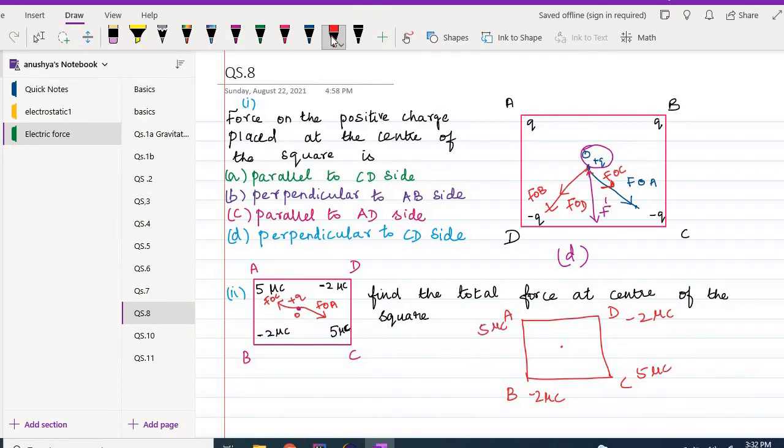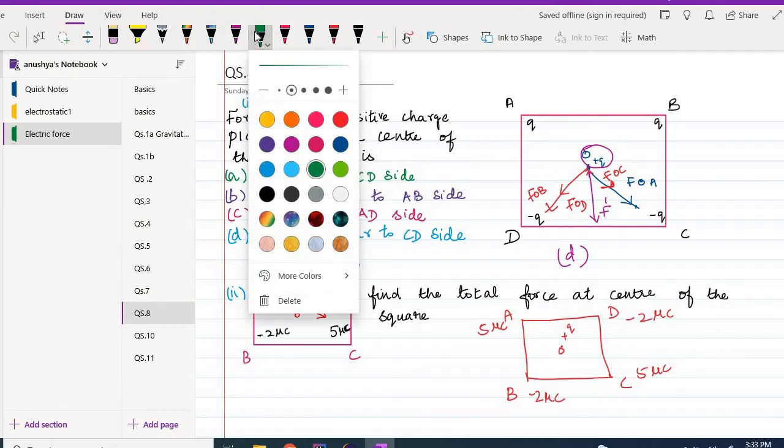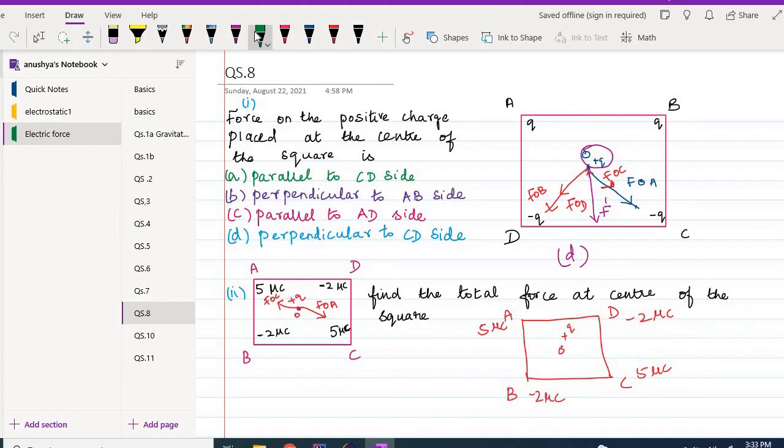So placing a positive test charge Q at the center O, what does it do? Both charges are positive, so it gets repelled like this. F O A, and this C will repel this Q because both are positive charges.